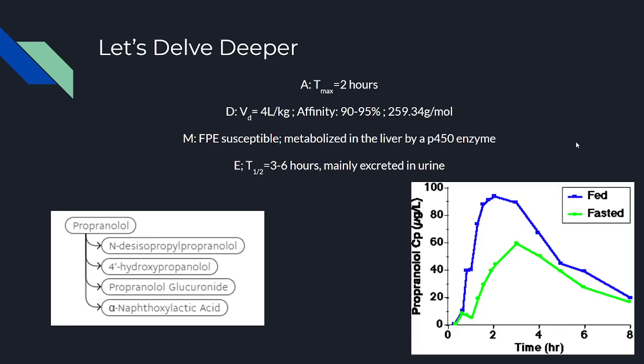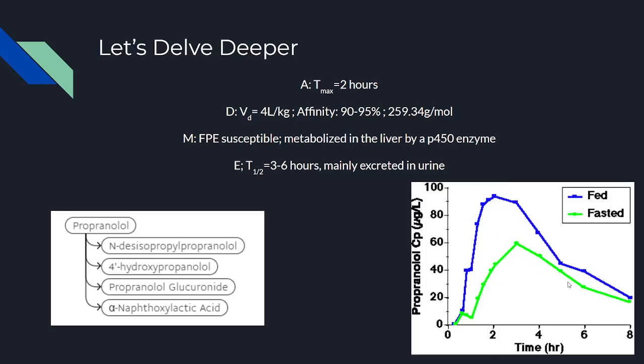So let's delve a little deeper. I've added a lot of stuff on here, pharmacokinetic stuff and dynamic stuff. So as far as absorption is concerned, there is a time to highest concentration in the bloodstream, Tmax, of 2 hours, and this can be demonstrated in the graph bottom right. So if we look at our fed population, we see that there is a peak right over the 2 hour mark.